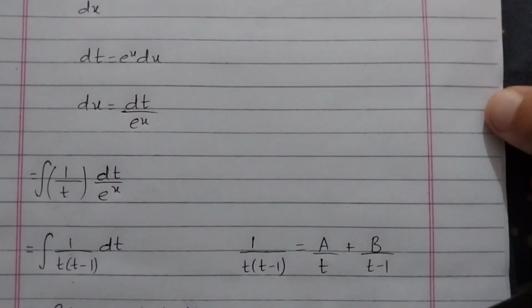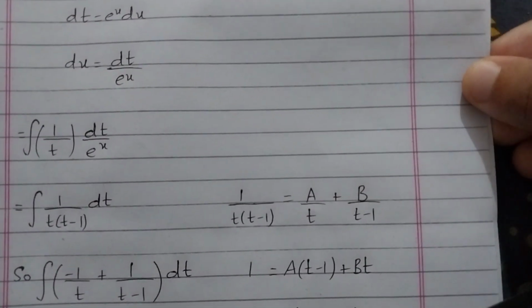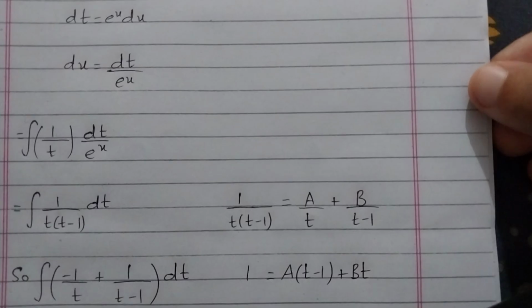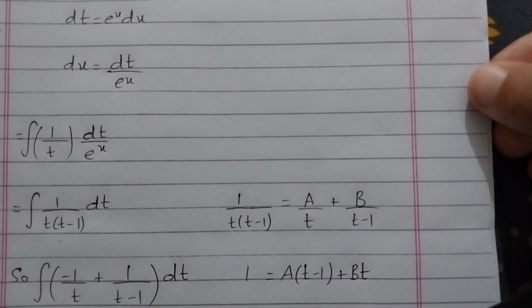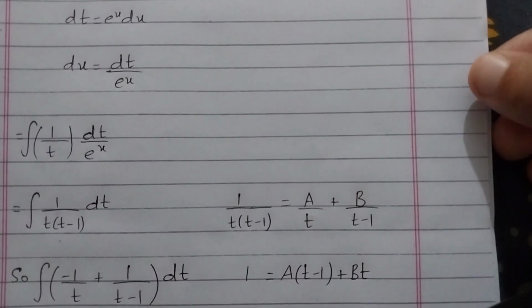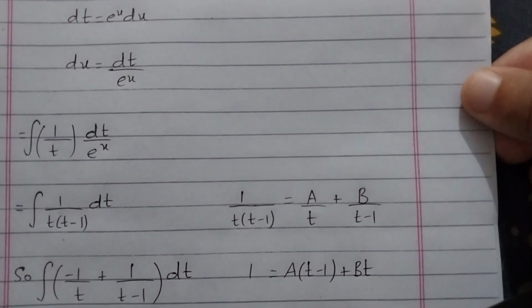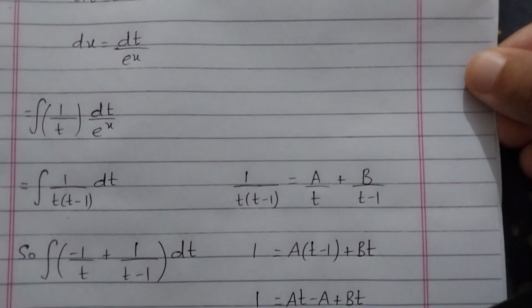We'll just multiply with t into t minus 1 on both sides. So on the left hand side we'll be left with 1, and on the right hand side we'll have a times t minus 1, because t will cancel out, plus b times t. We are interested in the values of a and b, so we'll simplify this equation.